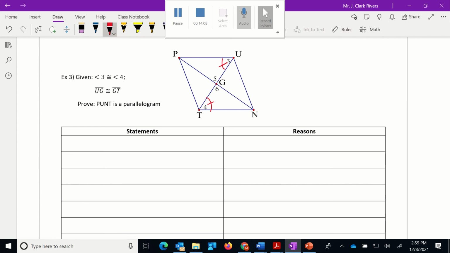What do you know about 5 and 6? They're vertical angles, so they have to be congruent. We'll keep that in our back pocket as well. We're told the UG is congruent to GT. That's the diagonal that's being bisected. There's only one of them. And we said a moment ago that 5 is congruent to 6.